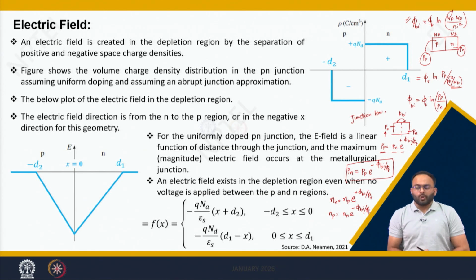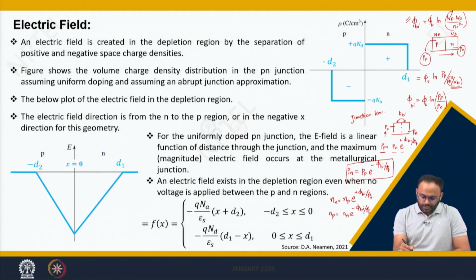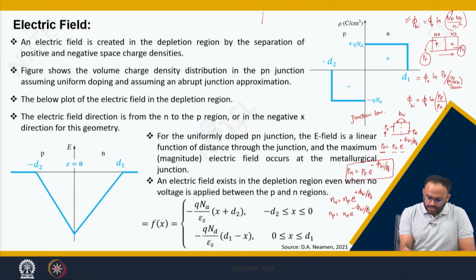Now, following this built-in potential understanding, we can find out what electric field exists in the depletion region. If we see carefully, the depletion region charge across the P and N side is given by negative ions at the P side and positive immobile ions at the N side.